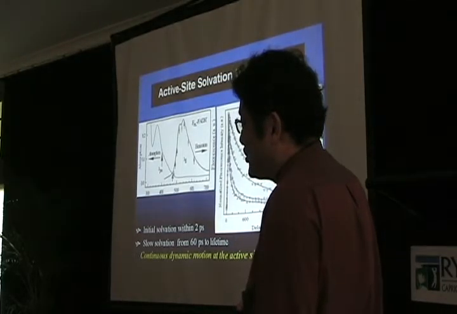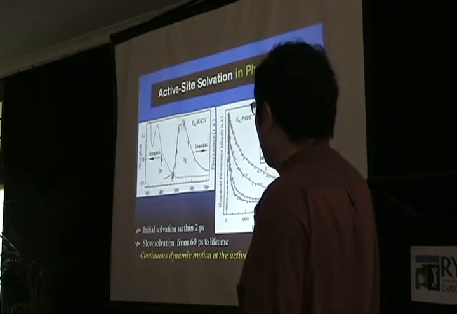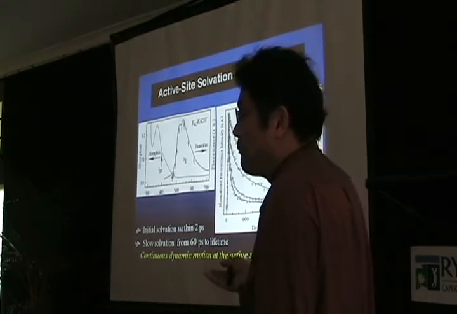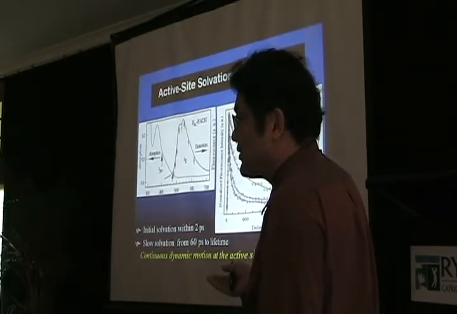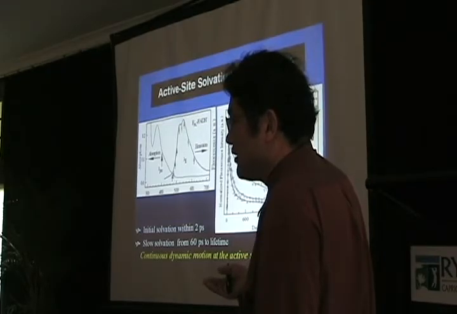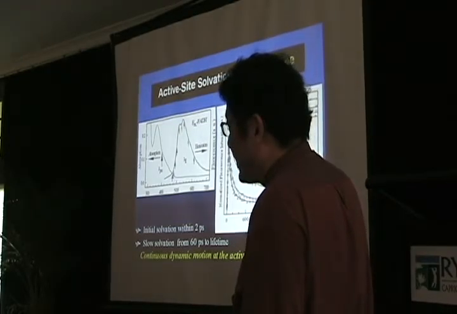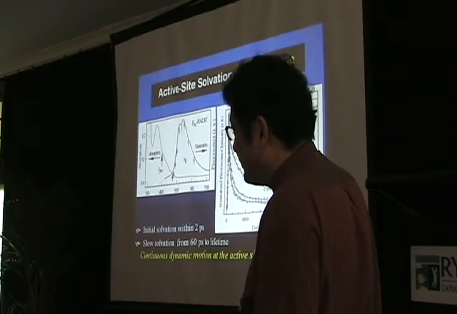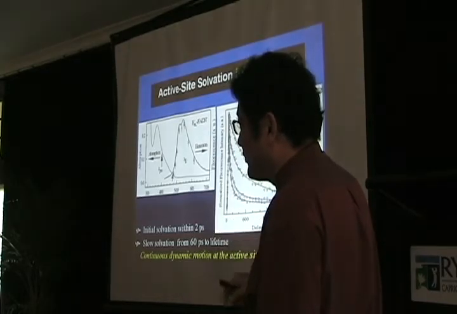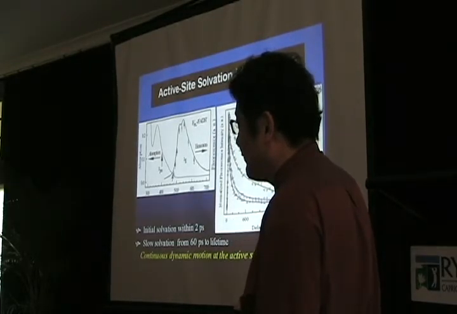The overall lifetime is 1 nanosecond. I'm pretty sure there is branching to the triplet, maybe 1% or 2%. The overall lifetime is 1 nanosecond in the protein, so all the energy is lost at that time.